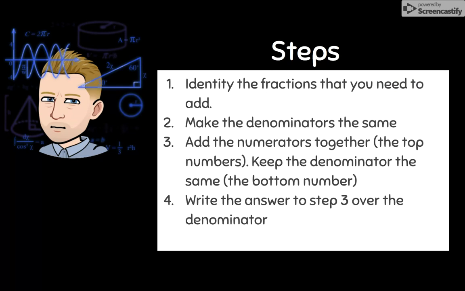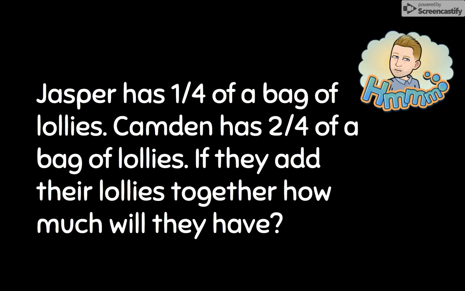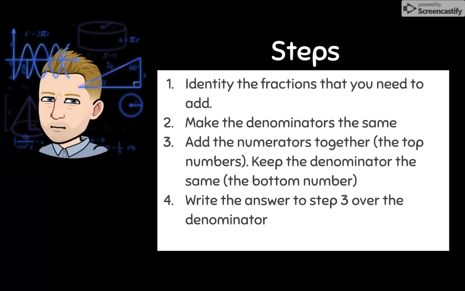To solve that, there are 4 steps. Step 1, identify the fractions that you need to add. We've done that. We need to add 1/4 plus 2/4. Step 2, make the denominators the same. In our example, the denominators are already the same. We have 1/4, and we need to add that to 2/4. So the bottom numbers are the same.